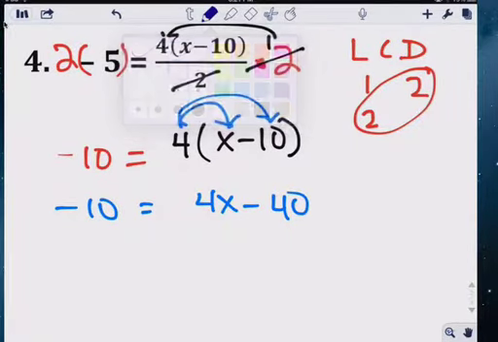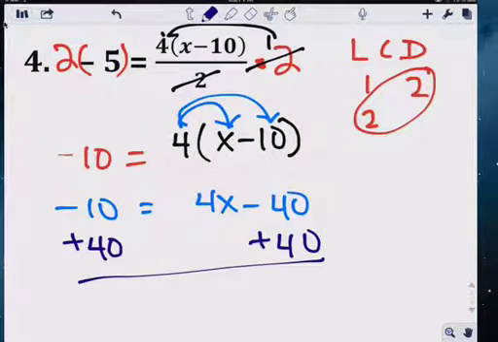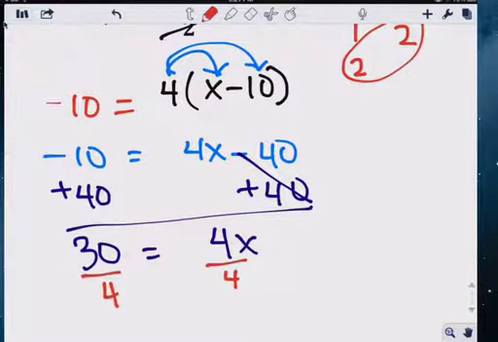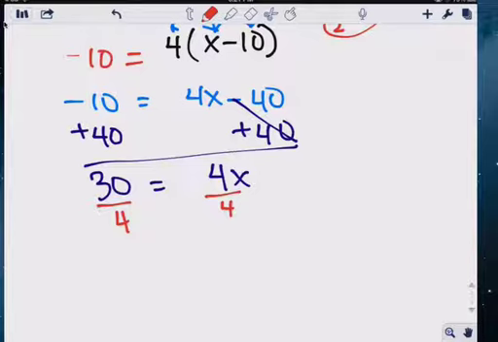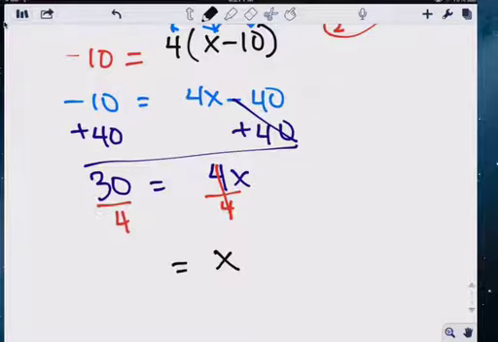Then you add 40, add 40. Get 4x equals 30. Divide by 4, divide by 4. X equals 30 divided by 4, positive 30 because the bigger number is positive, remember.